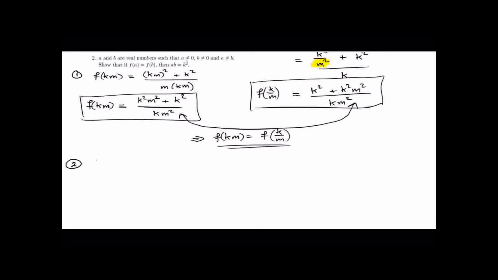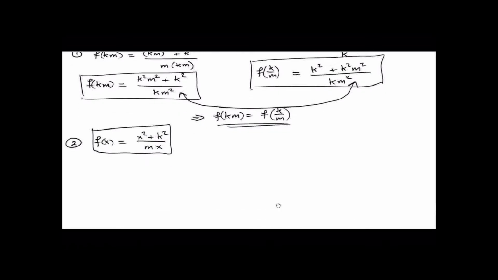Okay, now first of all anyway, we'll just write down f of x again. F of x is equal to x squared plus k squared over mx. So here goes. If f of a is equal to f of b, show that ab is equal to k squared. Right.